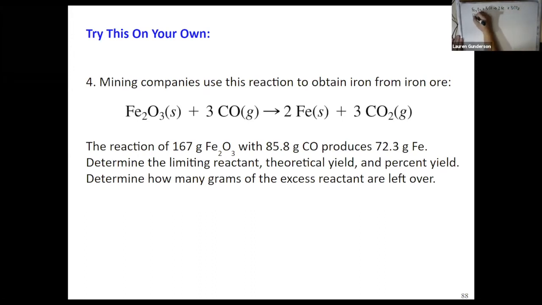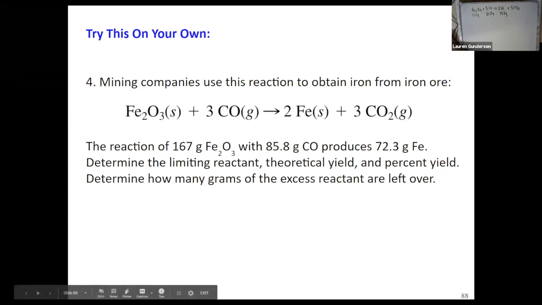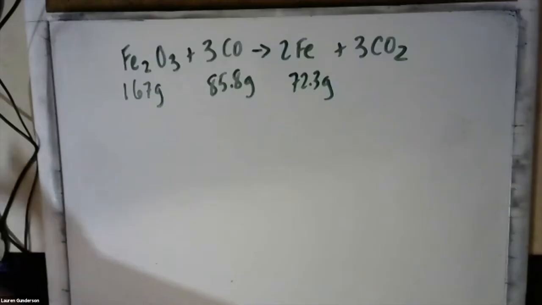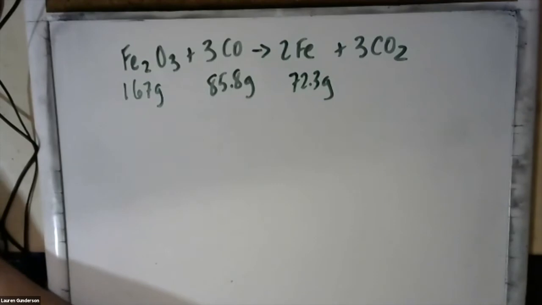We're starting with 167 grams of Fe2O3 and 85.8 grams of carbon monoxide, and this is going to produce 72.3 grams of iron. Okay, and this question runs the full gamut. We're going to find everything about this reaction.